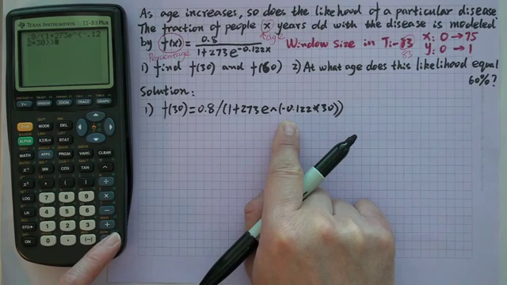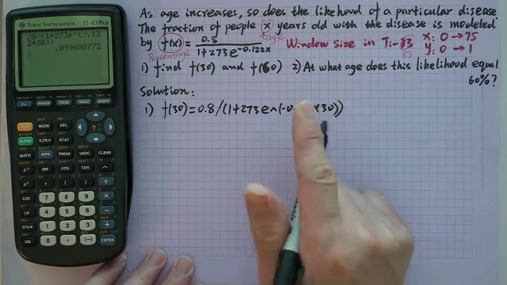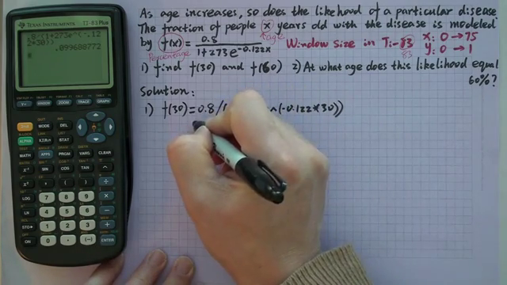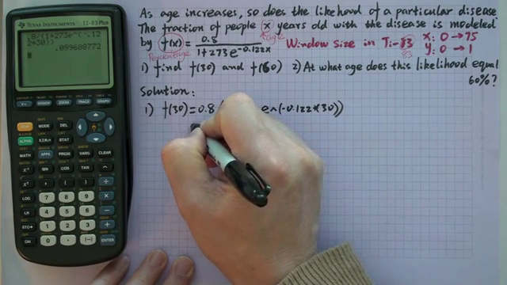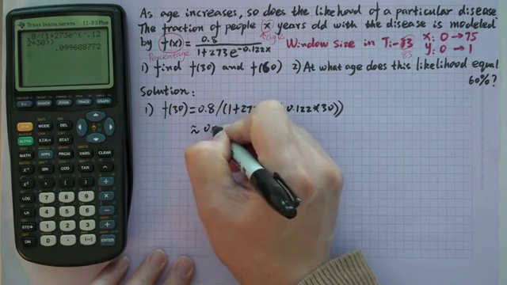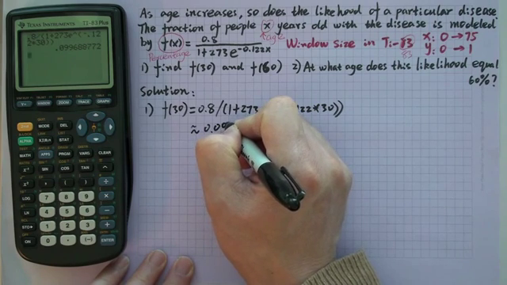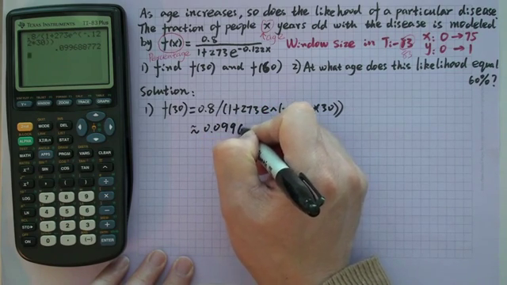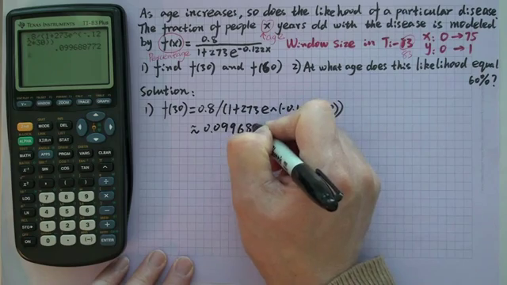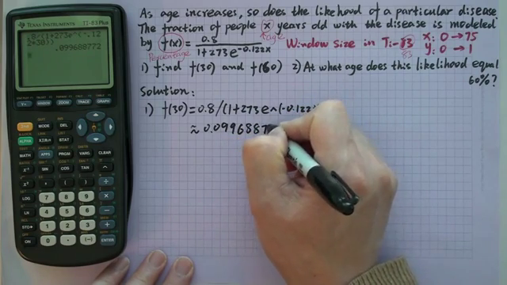You hit enter. You then have the answer approximately is 0.099688772.